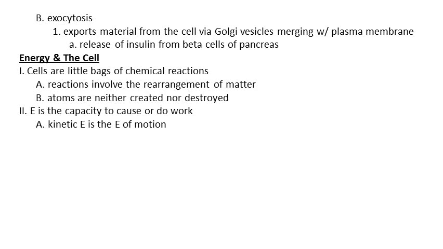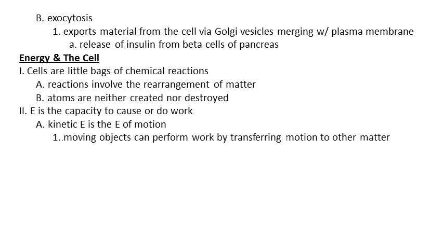Okay? Now, we've already talked a little bit about thermal energy or kinetic energy. One of the things we want to keep in mind is that if we can get stuff moving, then we can get work done, because moving objects can perform work by transferring motion to other matter.